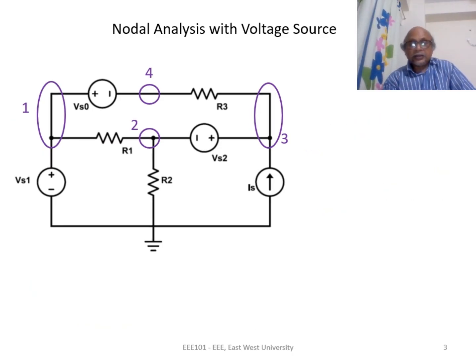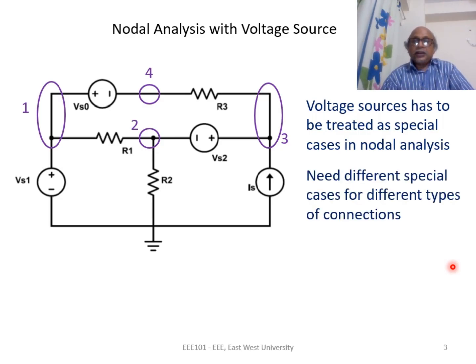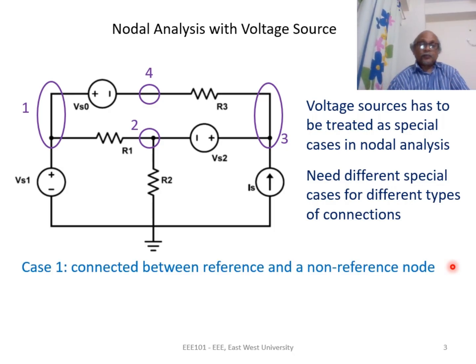Again, we look at this circuit. Voltage sources in this circuit have to be treated as special cases. Depending on how the voltage source is connected, we can define different types of special cases. Let's see what are the different special cases that we will consider. First, we consider case 1.